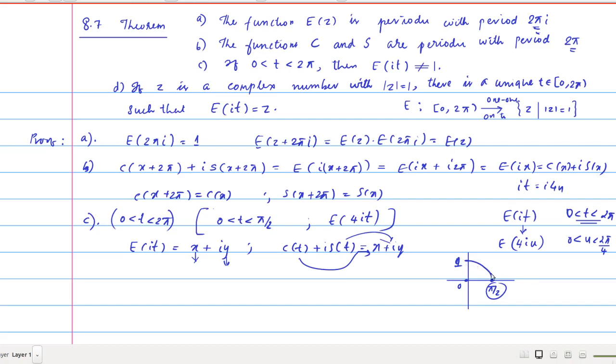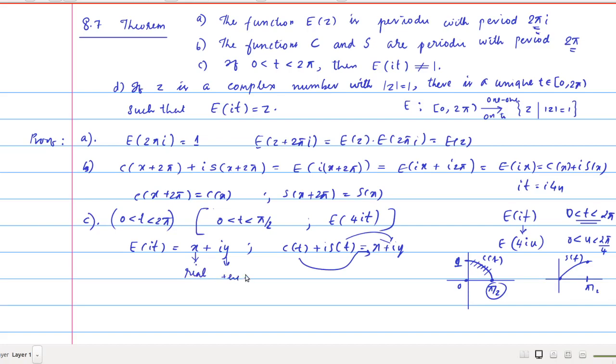So in this interval 0 to pi by 2 our c of t is always positive. And s of 0 is 0, and s of t is increasing throughout up to pi by 2, so this is the graph of s of t. So s of t and c of t are all positive as far as this interval is concerned, 0 less than t less than pi by 2. So we can say that x and y are real positive.